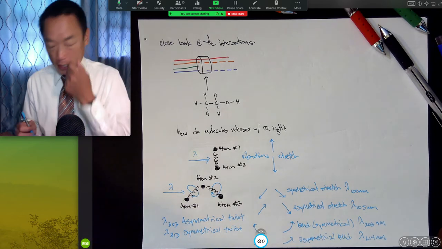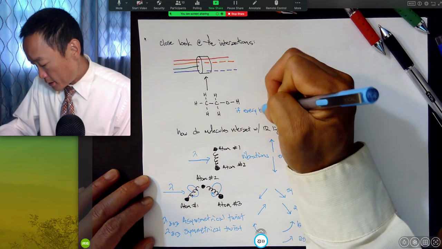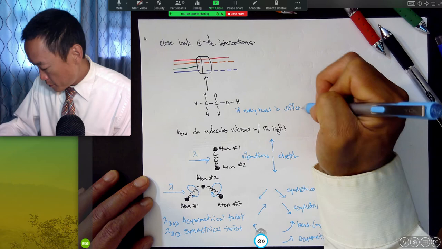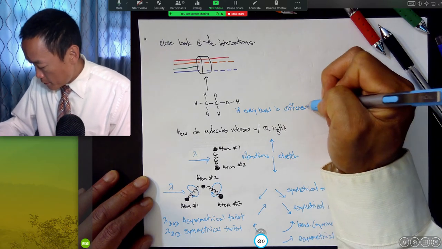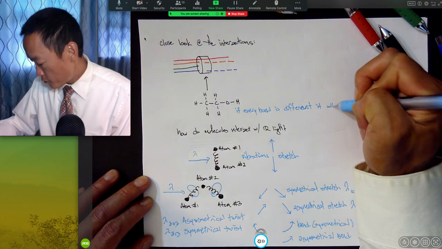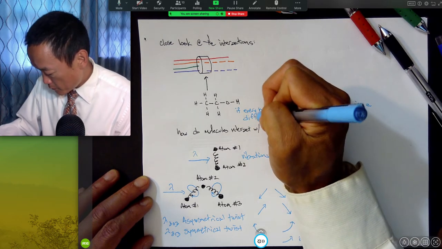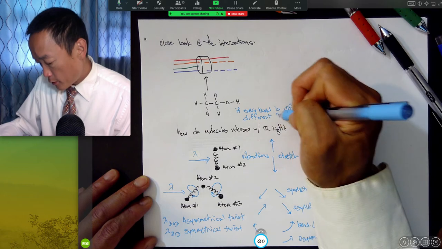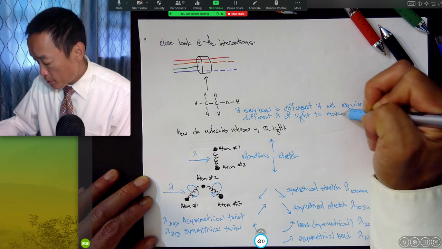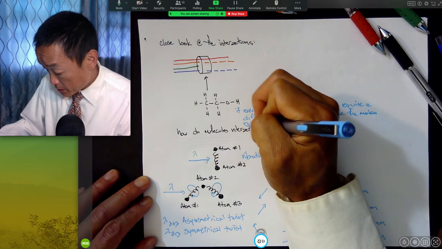And so the idea being that if every bond is different, it will require a different wavelength of light to make the molecule, scratch that, bonds move.